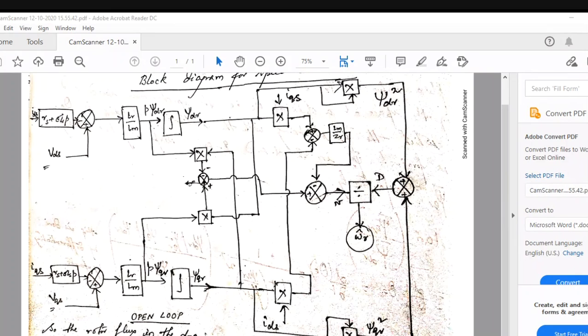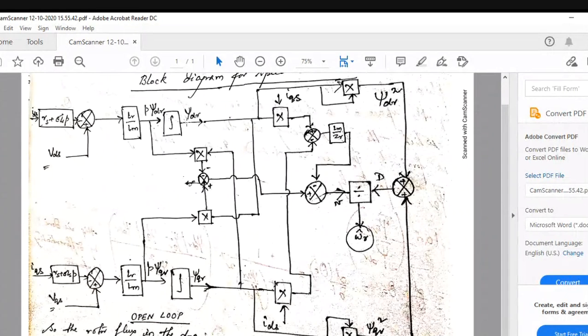Sir, that part phi QR and IDS, where is it? Which one? Tell me. Subhasri, please tell me. Term two, sir. The second one?